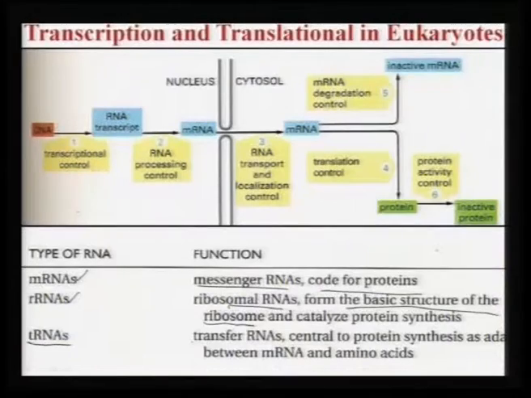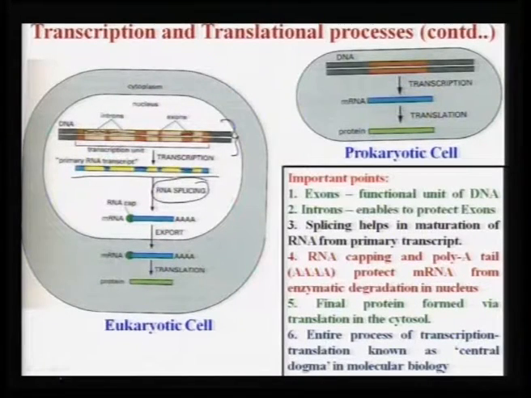And there are tRNAs. tRNAs means transfer RNAs, that is central to protein synthesis, and this sits between mRNA and amino acids. So, there are 3 important RNAs, one is mRNAs, one is rRNAs, and one is the tRNAs. Now, what you see in this particular figure is the eukaryotic cell.